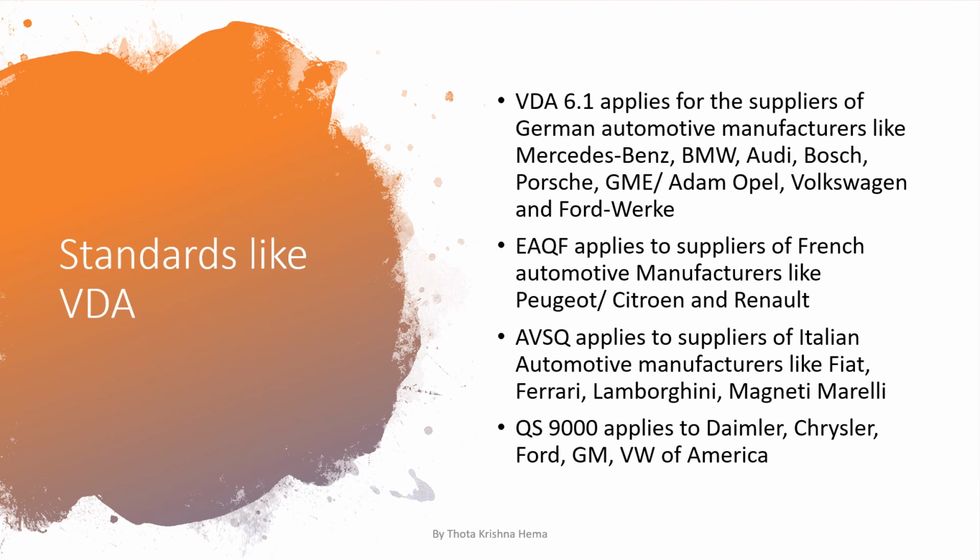AVSQ applies to suppliers of Italian automotive manufacturers like Fiat, Ferrari, Lamborghini, and Magneti Marelli. QS 9000 is applicable for US automotive manufacturers like Daimler Chrysler, Ford, General Motors, Volkswagen of America.